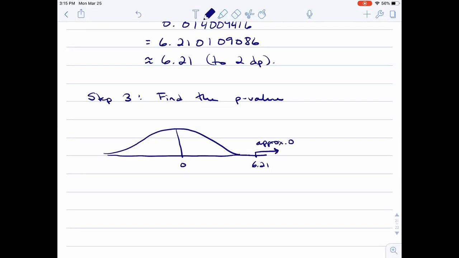Even though we need a two-sided p-value, our one-sided p-value is approximately 0. Approximately 0 times 2, nothing's really going to change. It's just going to stay approximately 0. We also have a negative 6.21 down here, also approximately 0.